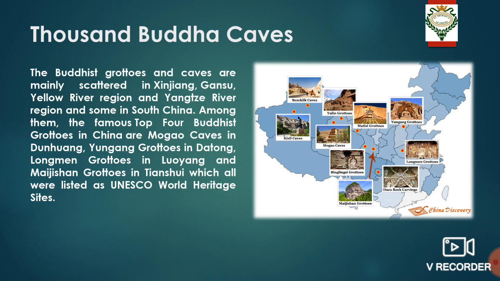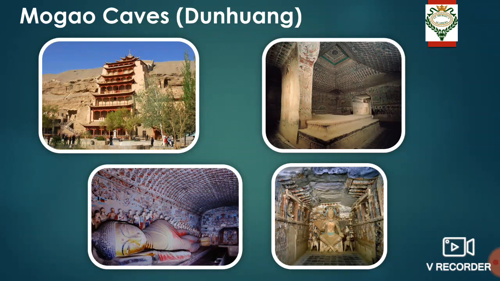Among them, the famous top four Buddhist grottoes in China are Mogao Caves in Dunhuang, Yungang Grottoes in Datong, Longmen Grottoes in Luoyang, and Maijishan Grottoes in Tianshui, which all were listed as UNESCO's World Heritage Sites. So here you can see some pictures from Mogao Caves, which is known as Dunhuang Caves.